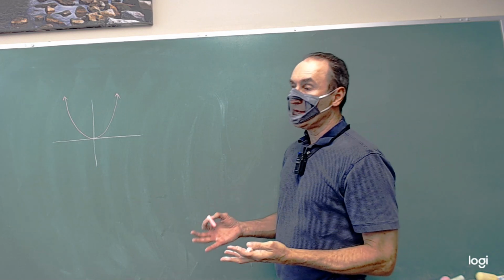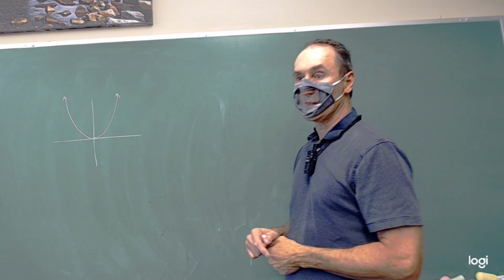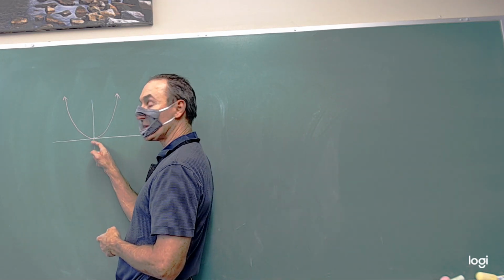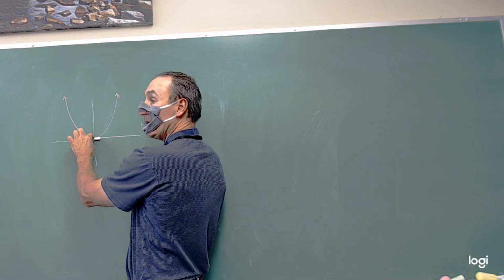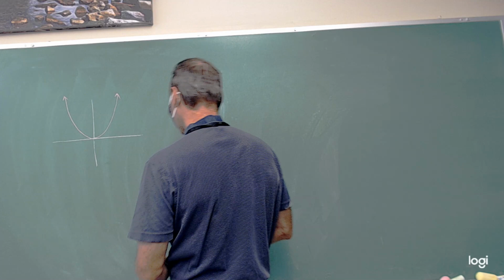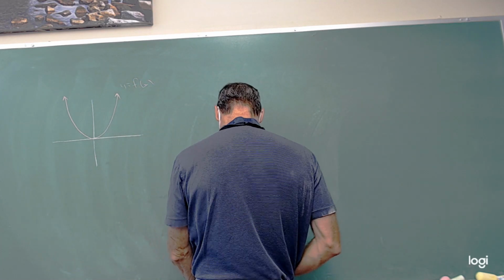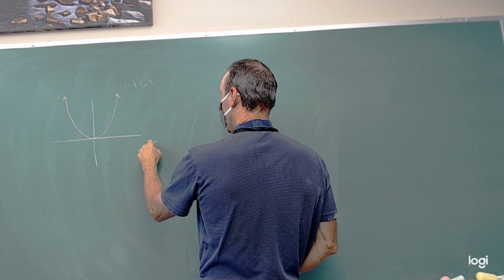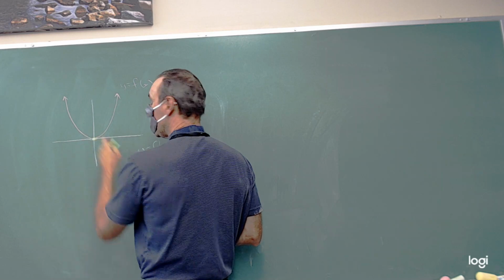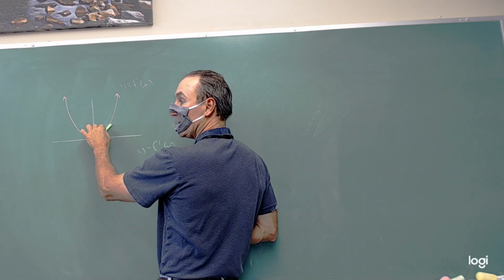Now let's see if we can figure out what the graph of its derivative is going to look like. What jumps out at us is there's going to be a horizontal tangent right there. So that's going to be where the derivative is zero. I'm going to call this f of x, and the f prime is going to be here. So I'm going to put the 0 there. Now these are going to be positive.